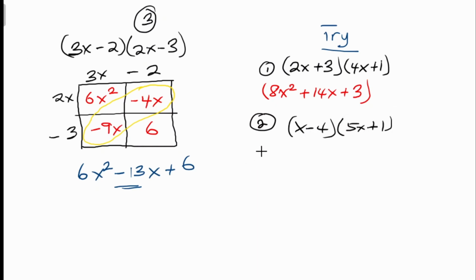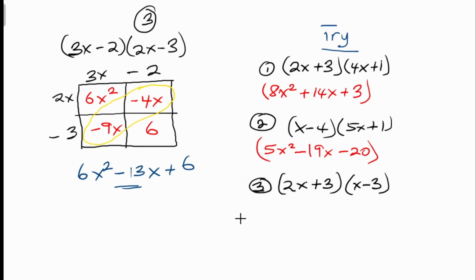And if you work this well, you should have 5x squared minus 19x minus 20. And then maybe let me add one more, 2x plus 3, multiplying x minus 3. And again, if you work this one too well, you should have 2x squared minus 3x minus 9.